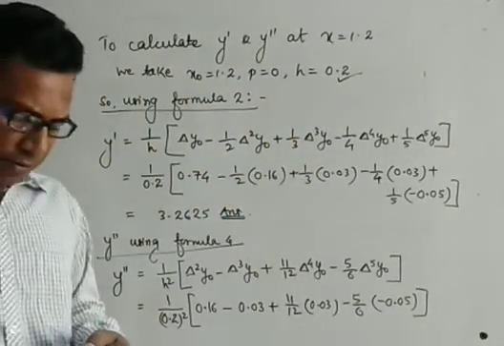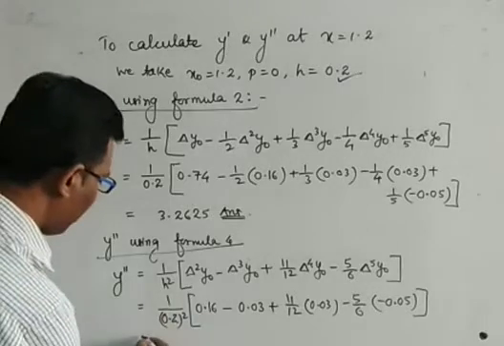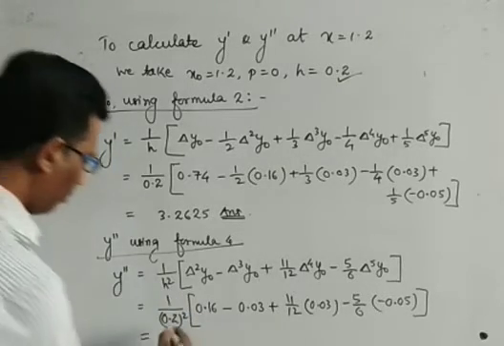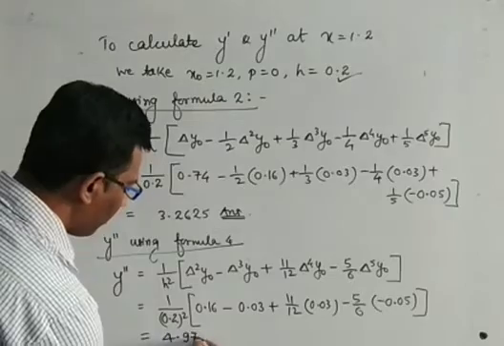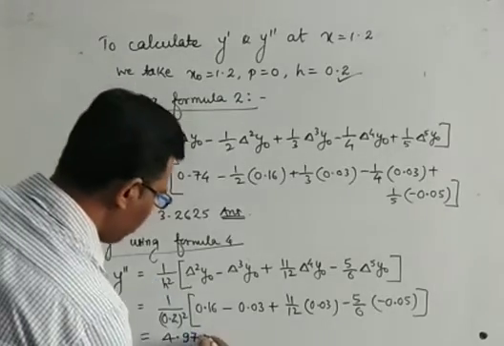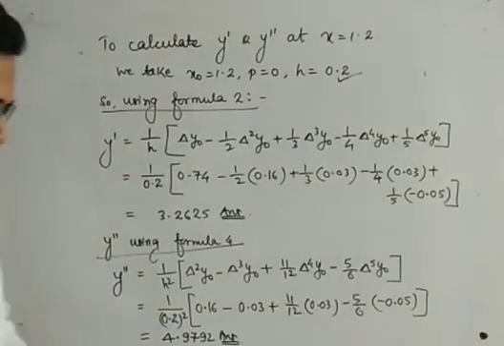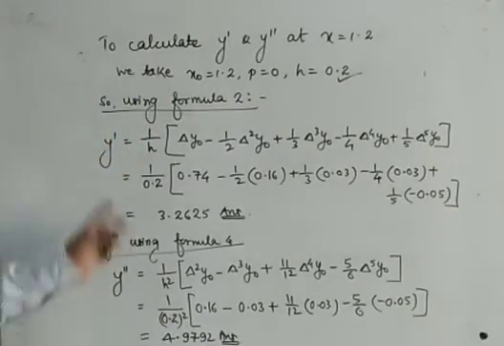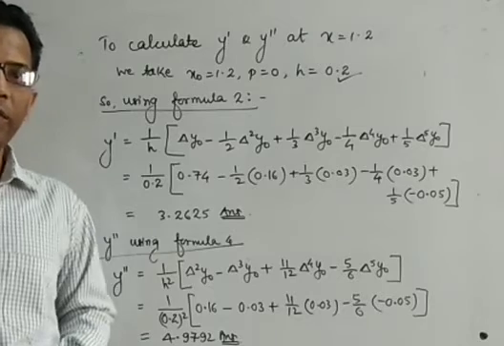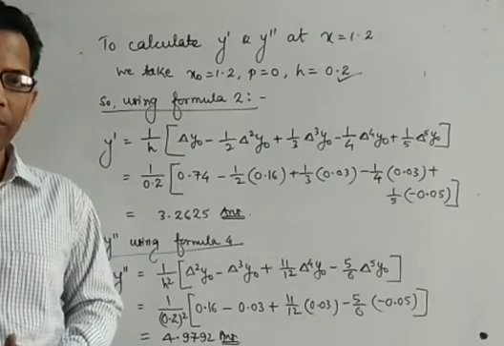Now after solving this, we get the second derivative equals 4.979. So we can use this simple formula to calculate the first derivative and second derivative. Thank you.